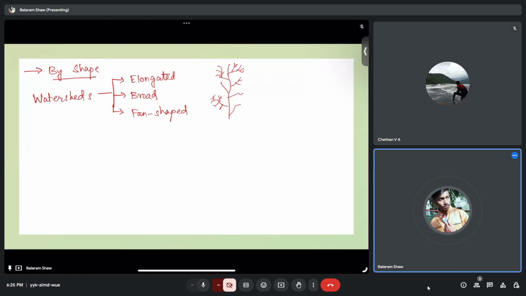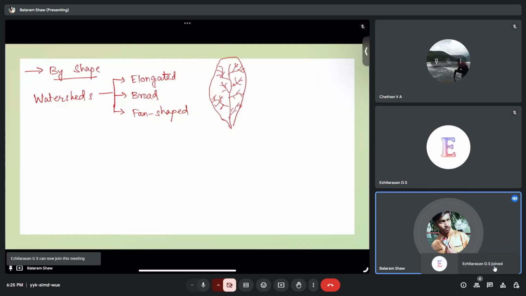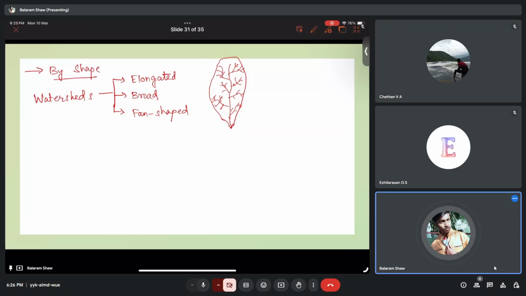You can see this is an elongated one. So like this, there can be different shapes based on which we can classify the watershed, right? Now with this, we'll move to some of the assignment questions first, then again we'll come back here.